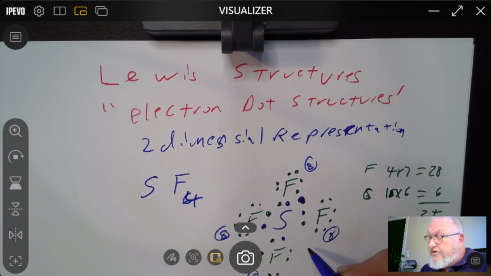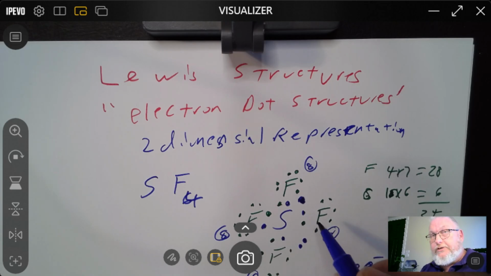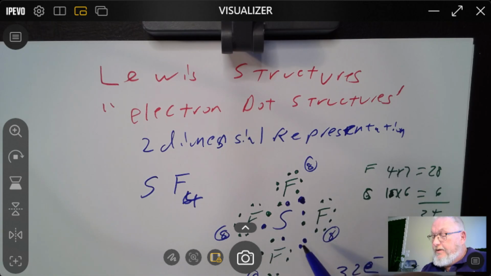So the sulfur will have 2 extra electrons.